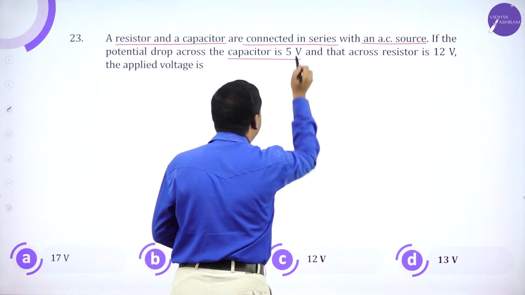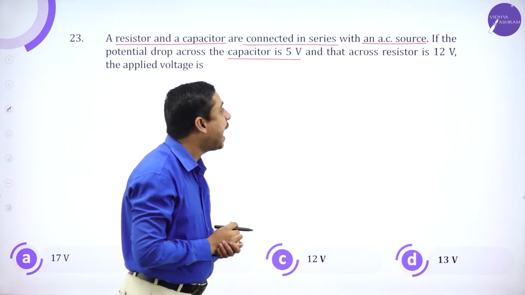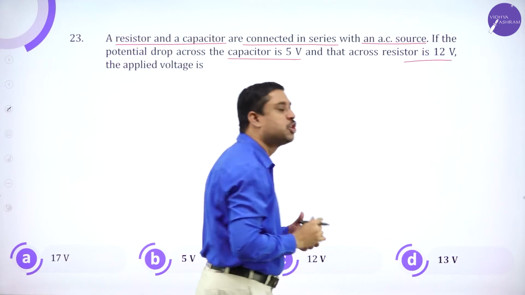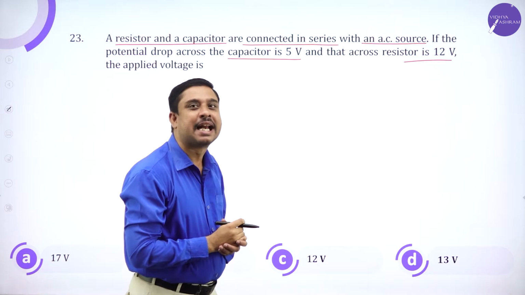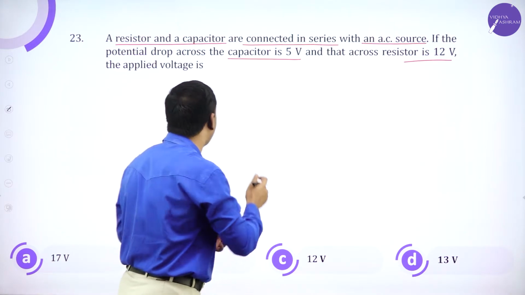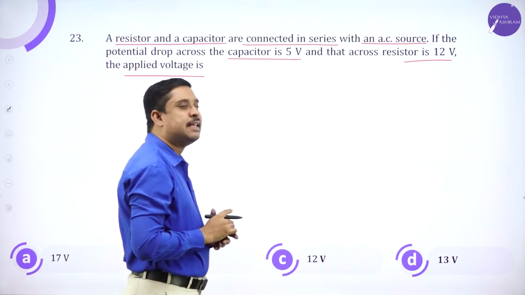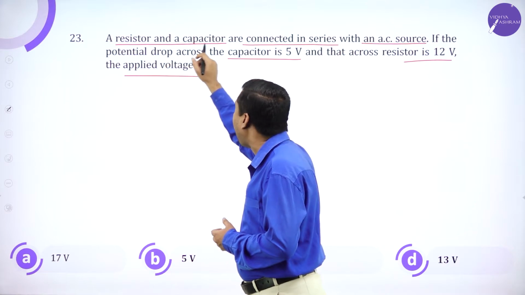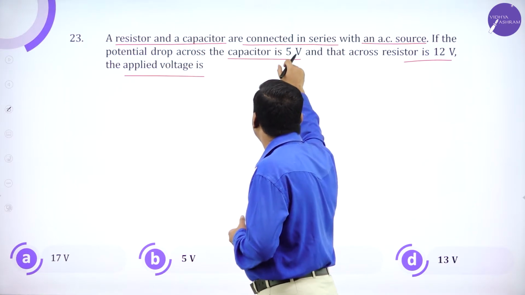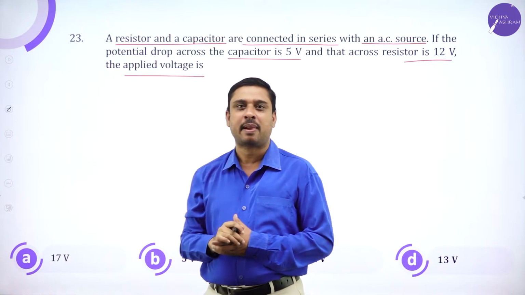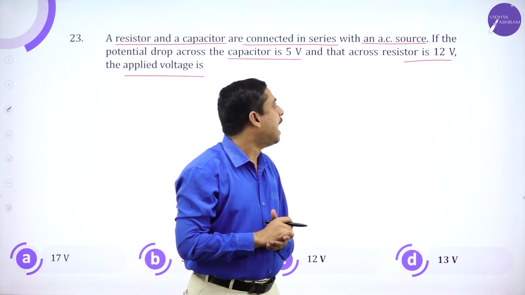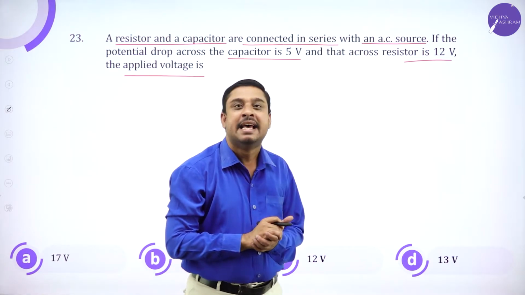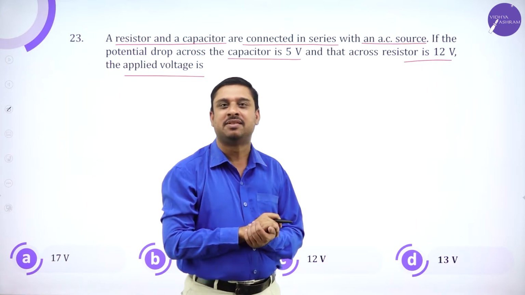Potential drop across the capacitor is 5 volts. Potential drop across the resistor is 12 volts. Then what is the applied voltage?